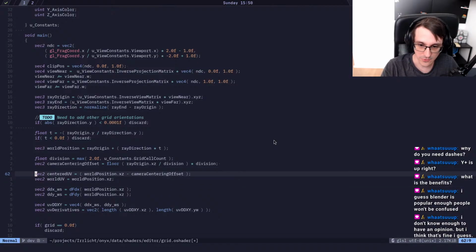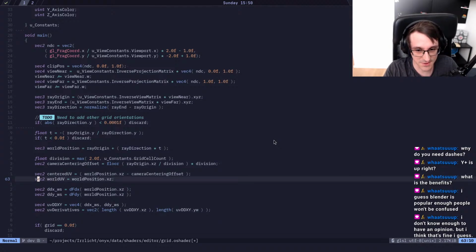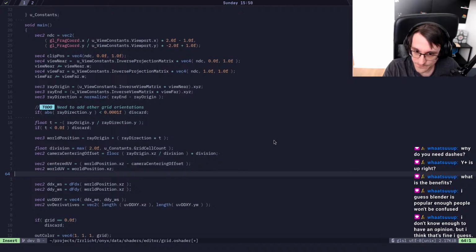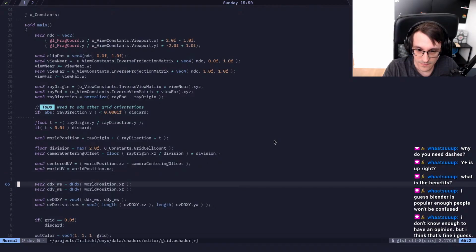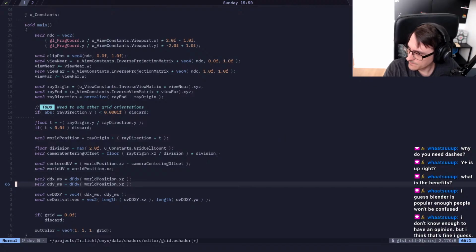So this is the one offset to multiples of grid cells, and this is the one which we really are at. Then yeah, we still do this and this, that's fine.